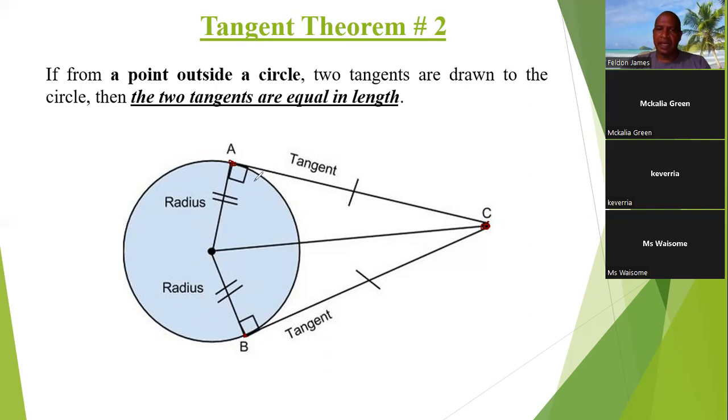Now, one of the other things that you could do, if you consider drawing a radius to the point A and drawing another radius to the point B, then what you would have constructed with that tangent line is two right angle triangles.